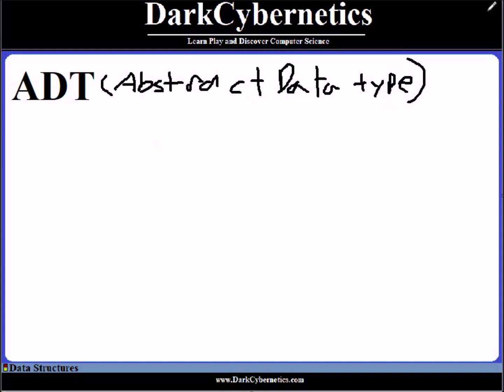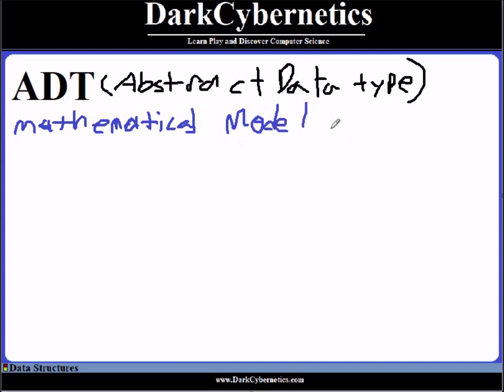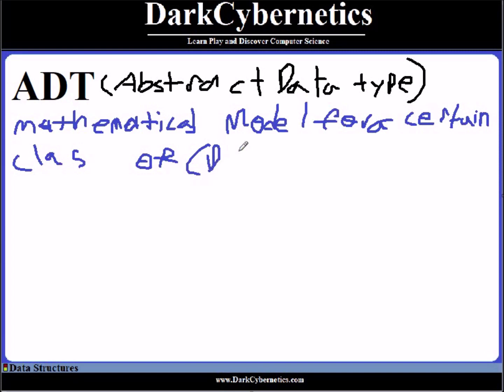In this case, an abstract data type refers to a mathematical model for a certain class of data structure that have similar behavior.